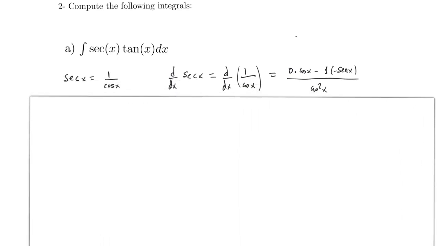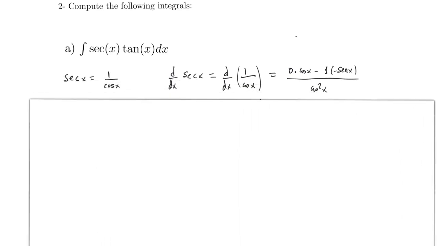So to do this kind of integral, we need to pay attention to the derivative of secant x. The derivative of secant x with respect to x is the derivative with respect to x of 1 divided by cosine of x, the reciprocal of cosine of x.